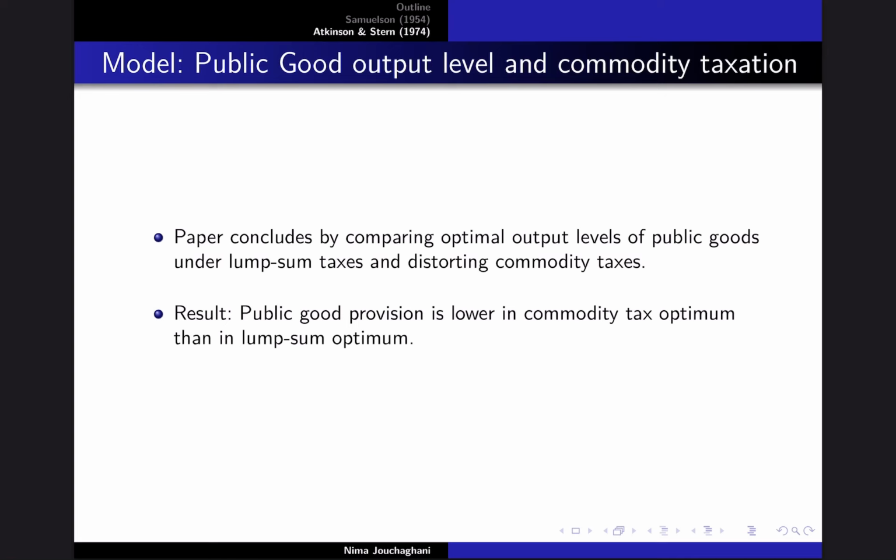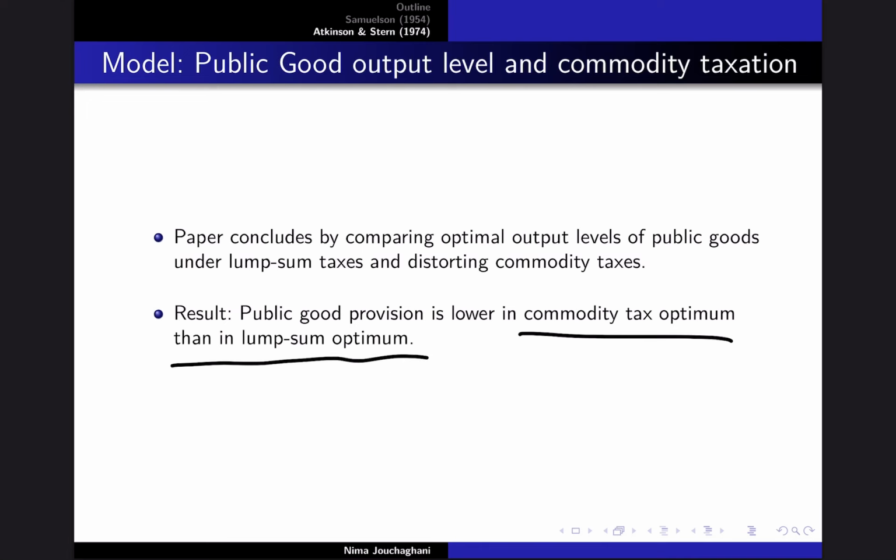And then we are considering commodity taxes, and by comparing the two results, the paper basically shows that the public good provision is lower in commodity tax optimum than in lump sum optimum.